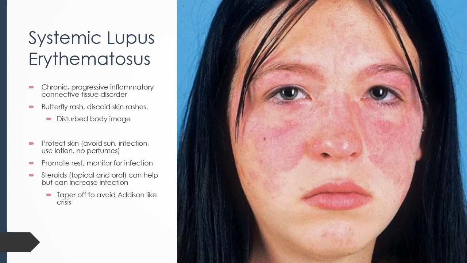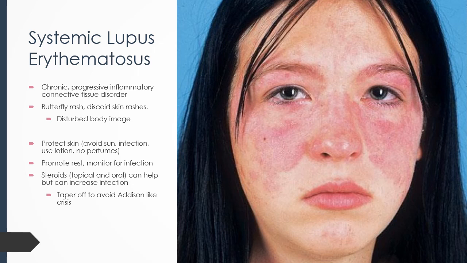Avoid direct sunlight or tanning beds, any UV rays. Wear long sleeves and a large brim hat outside to protect yourself from the sun. Inspect your skin daily for open areas and rashes, and monitor your temperature if you feel sick.